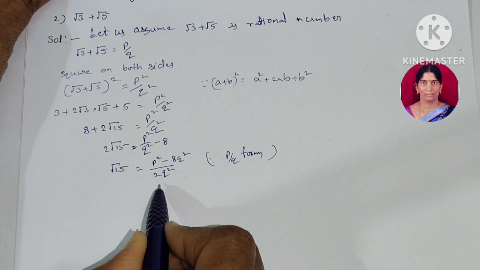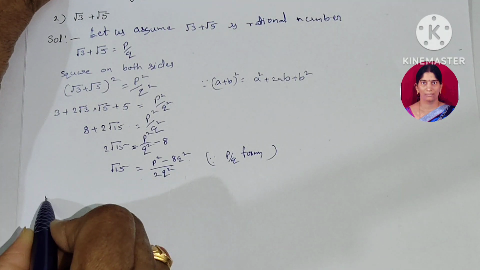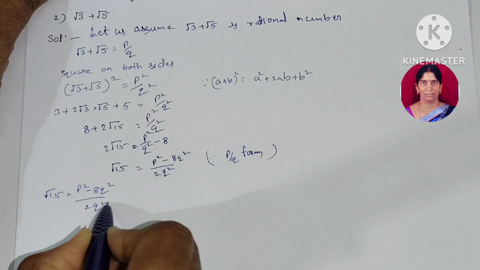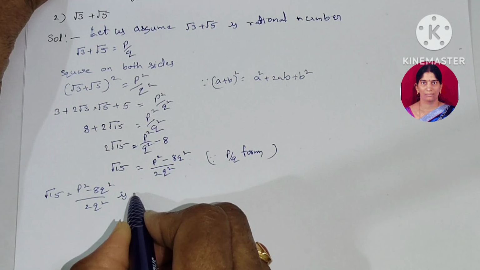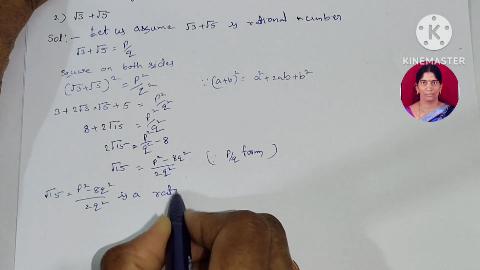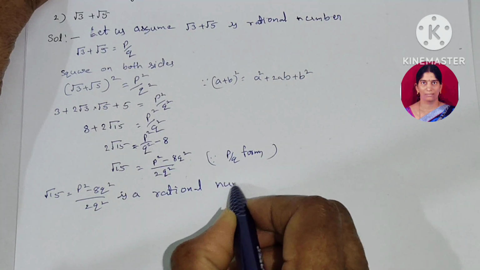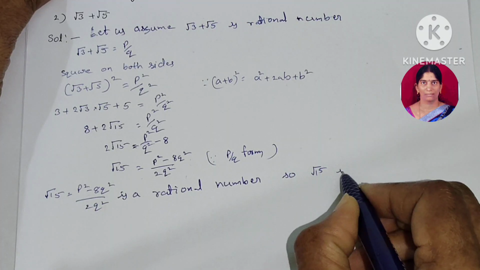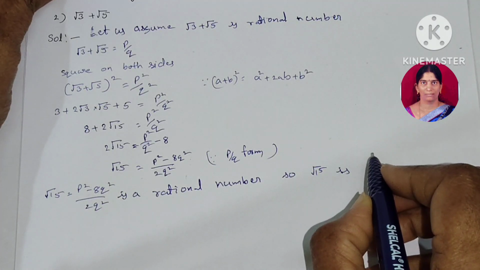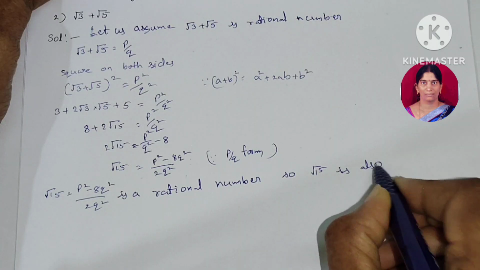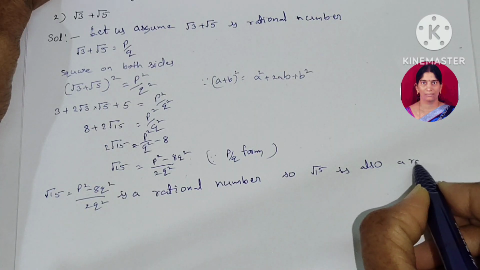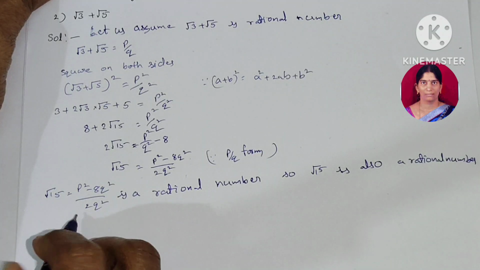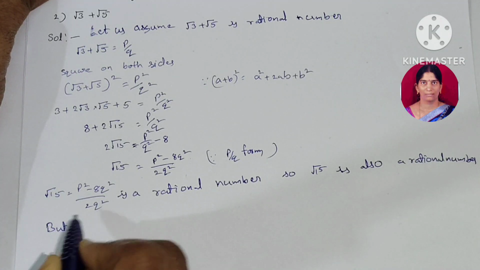So this is the p by q form. Here root 15 equals p square minus 8 q square by 2 q square, so it is a rational number. So root 15 is also a rational number, but it is a contradiction.